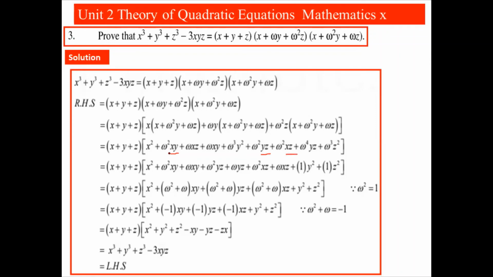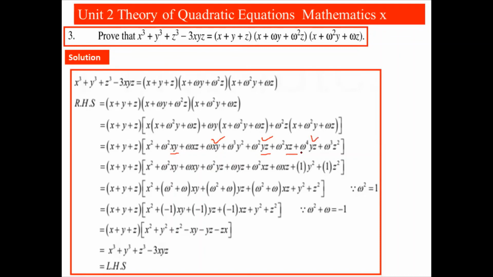So first write the value of xy. So here is omega square xy, and here is again xy. So we write this here. Now xy, then we take the value of yz. So this is yz, equal to omega square yz and another value with yz.